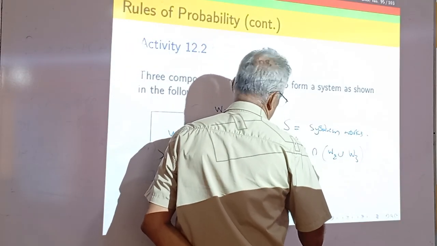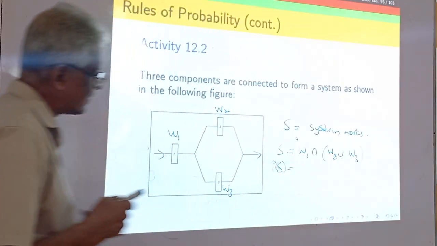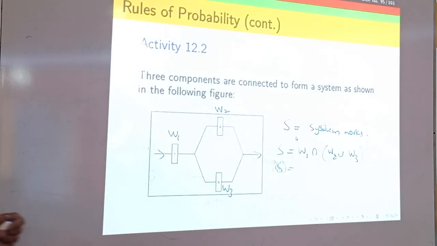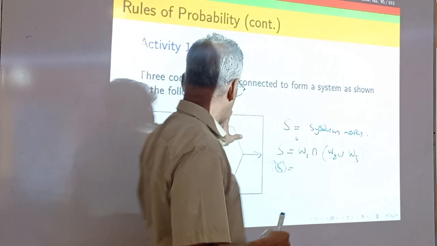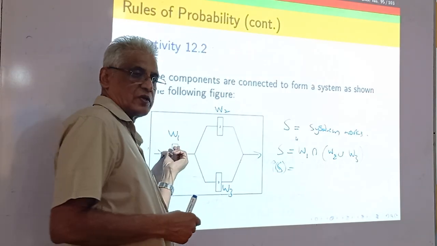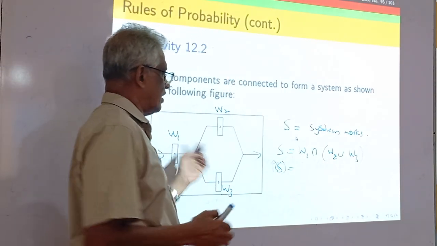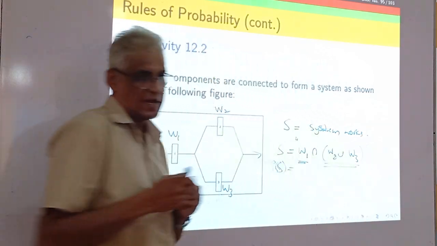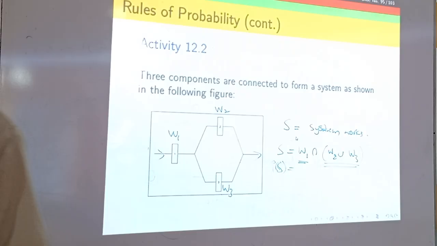So in order to answer that, now we have to identify. Each component works independently, and therefore whether this part works or not doesn't depend on whether this one works. So therefore this and this can be considered as mutually exclusive parts.